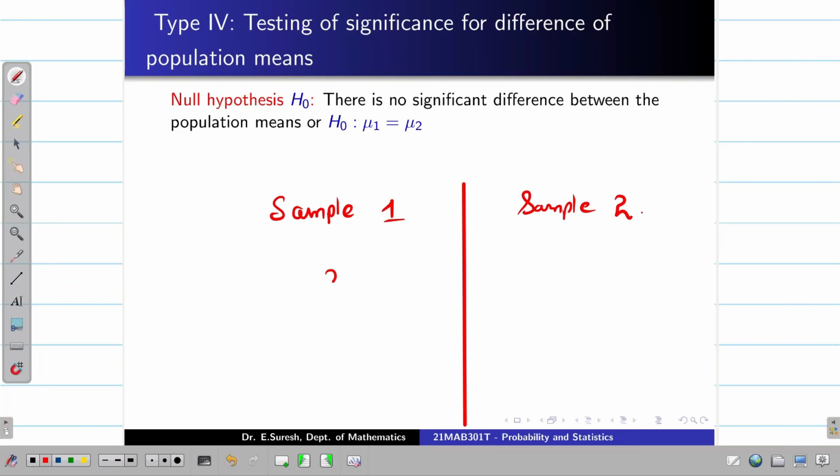The mean for sample 1 is x1 bar and for the second sample is x2 bar. The standard deviation for sample 1 is S1 and for sample 2 is S2. The size of sample 1 is N1 and the size of sample 2 is N2.